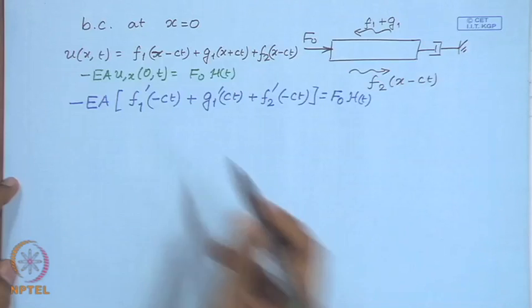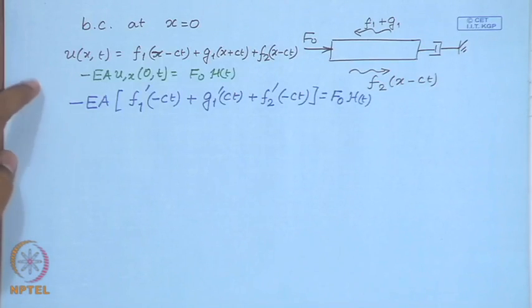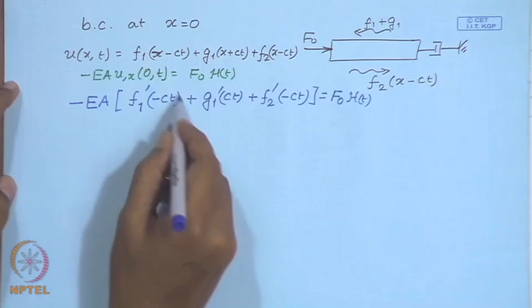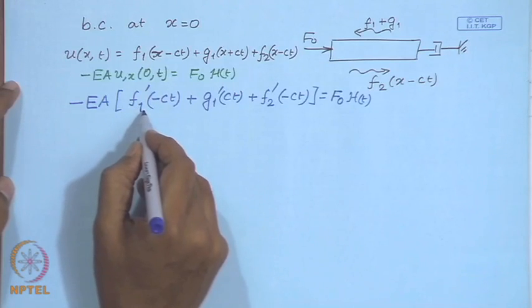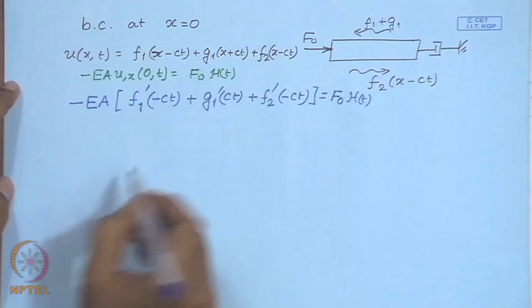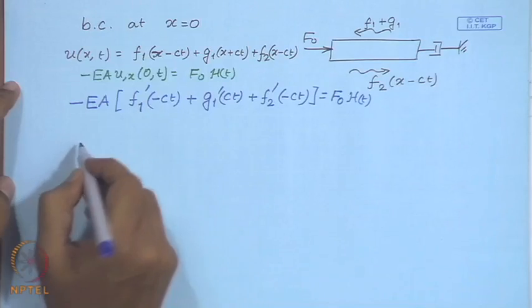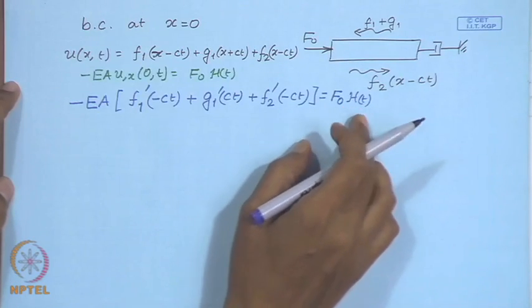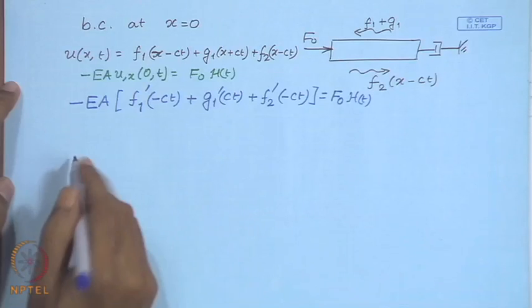So, from there we can obtain this expression, and finally, when you use the expression of f1 here, that will cancel off with f naught h t, because that was how we solved for f1.